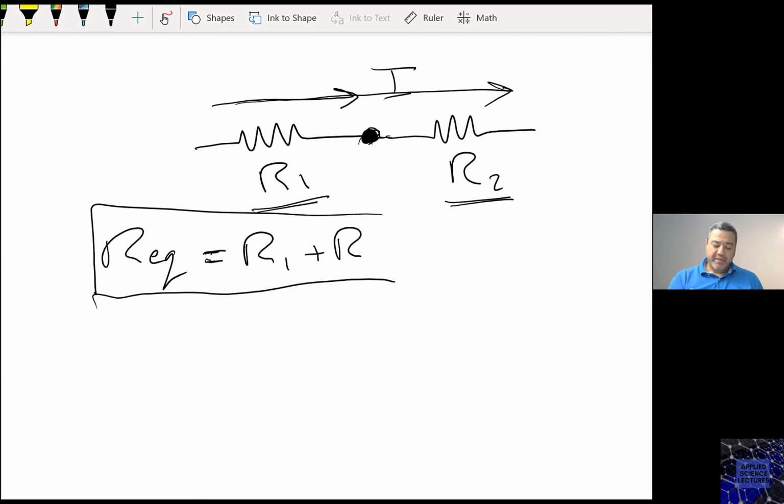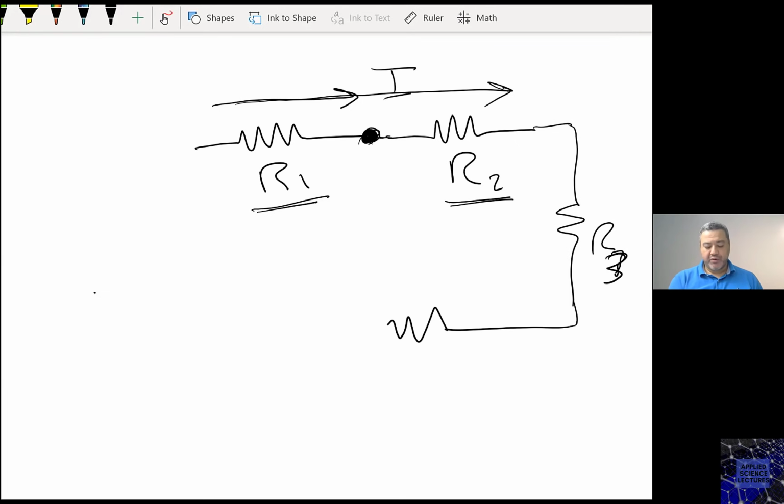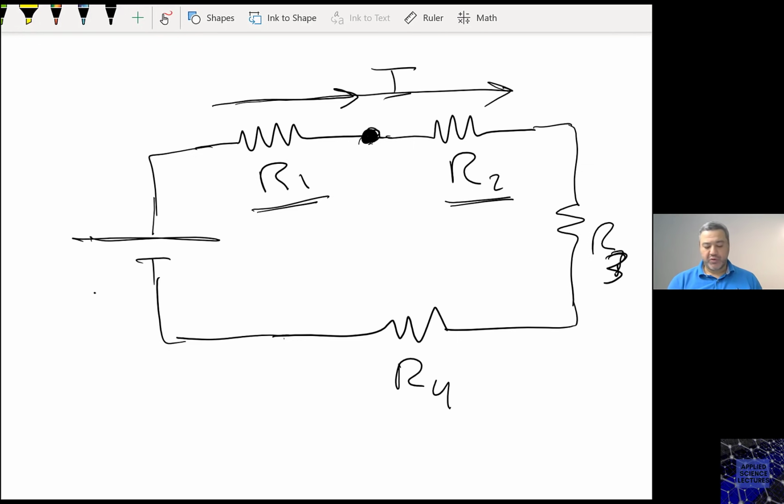Now, let's assume I have more than two resistors. I have R3, I have R4, and of course at the end they are connected to the battery that we talked about.